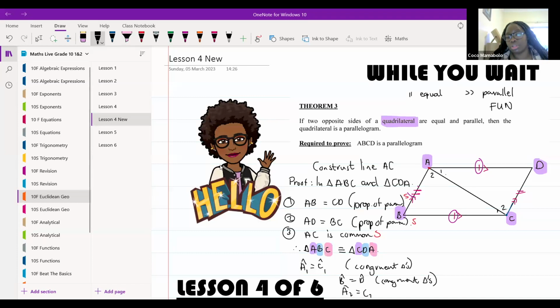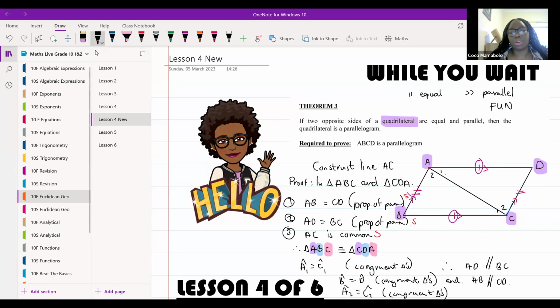A2 is equal to C2, and that's also because of congruent triangles. Okay, now, if all the angles that align are equal to each other, that then proves, therefore, that AD is parallel to BC, and AB is, now I'm saying parallel, not equal, guys. Parallel, and AB is parallel to CD, not equal.